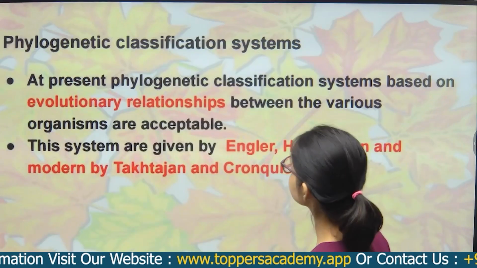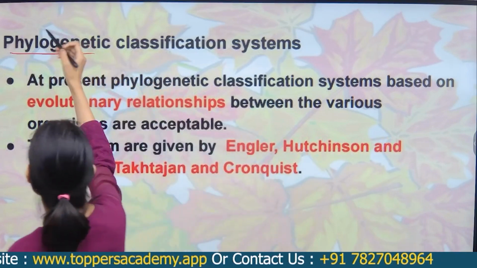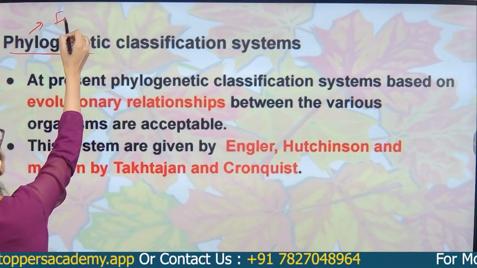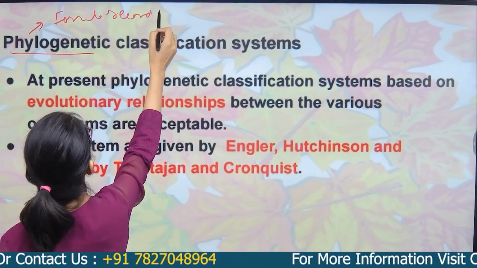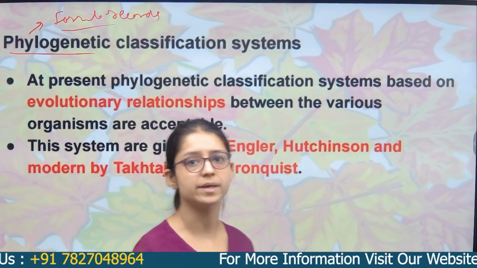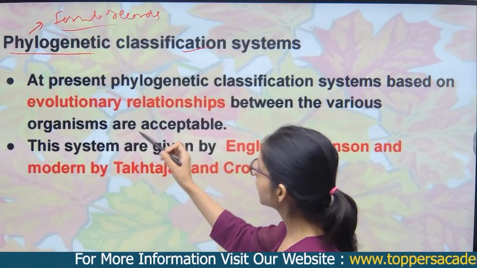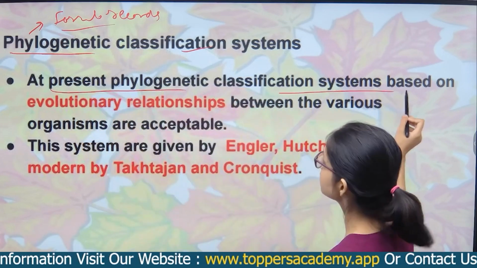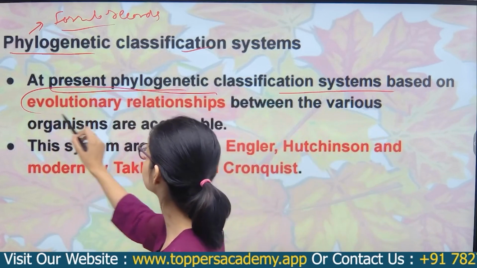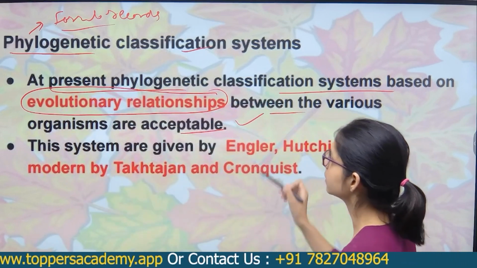So the next is phylogenetic. Phylo means fossil records. Fossil means the dead remains in rocks. At present, the phylogenetic classification system, based on the evolutionary relationship between the various organisms, is acceptable.